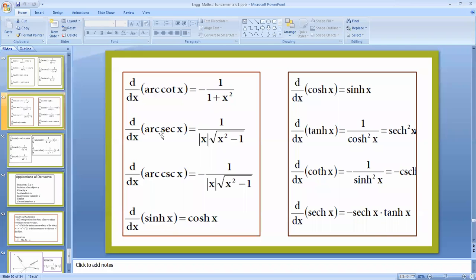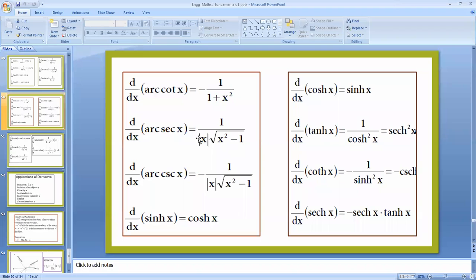Now the next, arc sec inverse of x. Then d by dx of sec inverse of x is 1 upon mod of x into root of x square minus 1. Do you get the meaning of mod? Mod of x means it should have a positive value. Sometimes it is taken as x times root of x square minus 1, which is also acceptable.